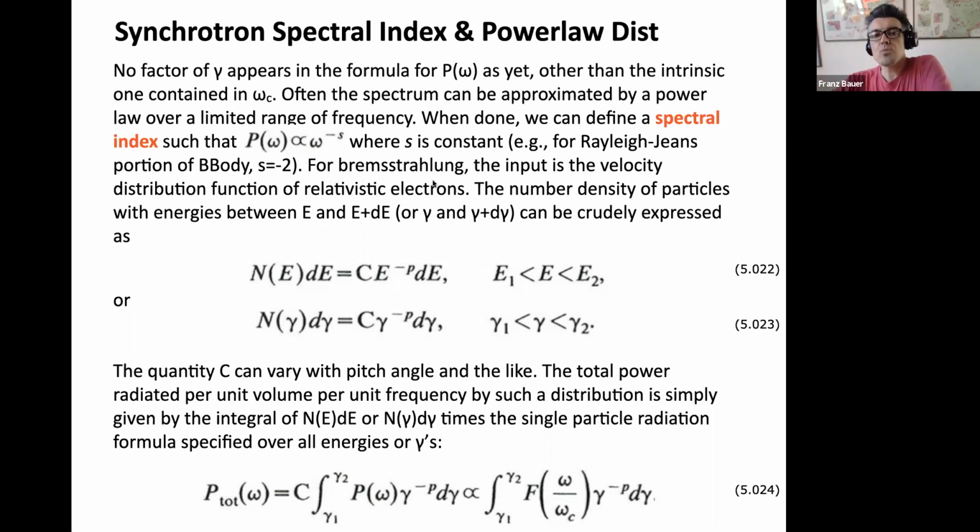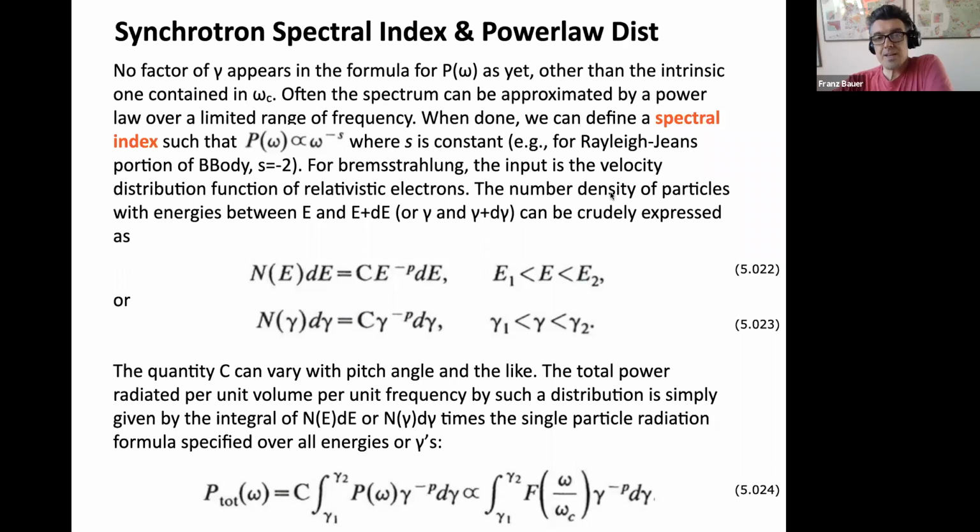And so we can think about the distribution of electrons as having some impact on what the functional form of the spectrum will look like in its ensemble form, right? Not just one particular electron, but an ensemble of them.